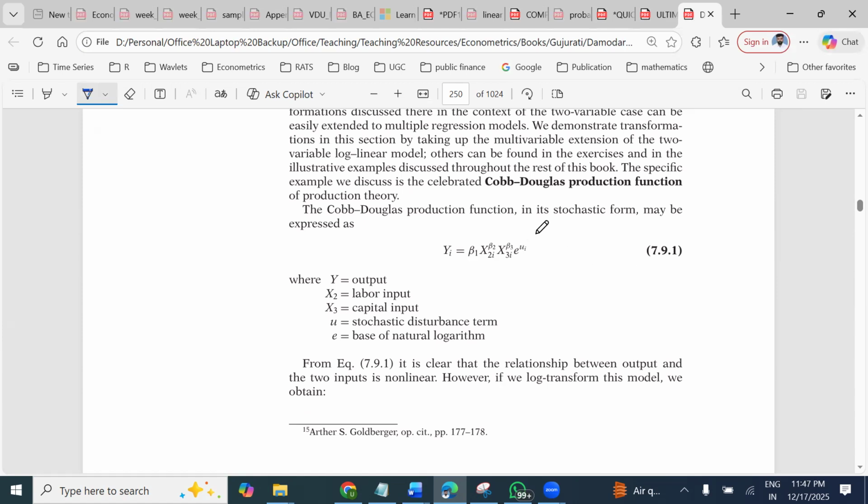So this is your Cobb-Douglas production function, but usually we don't add the error term, because when we teach microeconomics, we don't add it. But it is econometrics, so that is why we have added the stochastic form. Okay, so your y is output, x2 is labor, x3 is capital, like that. Okay, u is your stochastic disturbance term.